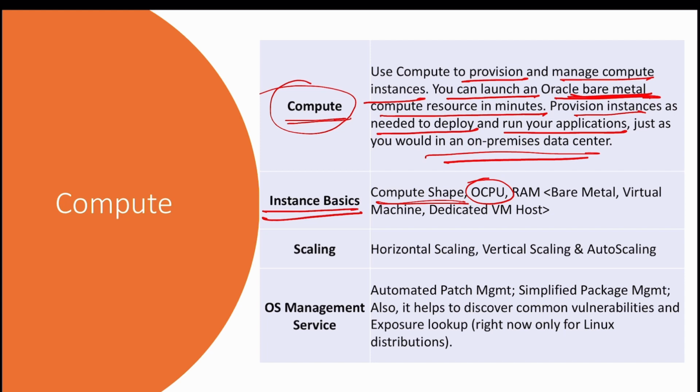We can have shapes for three types of resources: bare metal machine, virtual machine, and dedicated VM host. With a dedicated host, whatever VMs are created on that particular host belong to us only. Sometimes we need to use it for compliance reasons, where we can't use the shared model. As you know, all the cloud providers provide a sharing model for running our resources.